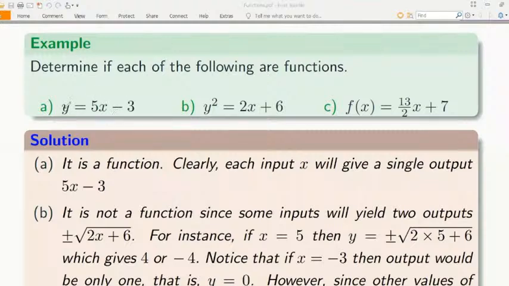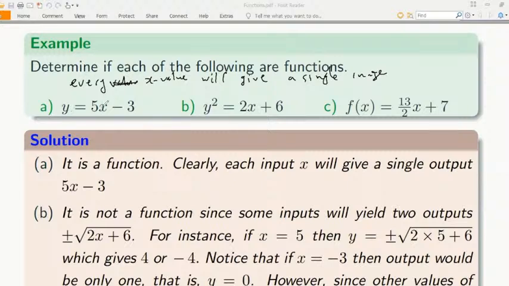To determine if this is a function, you just want to see whether plugging in every X value will give a single image.